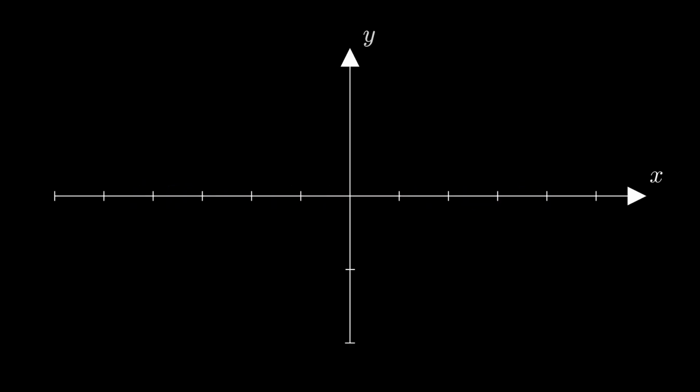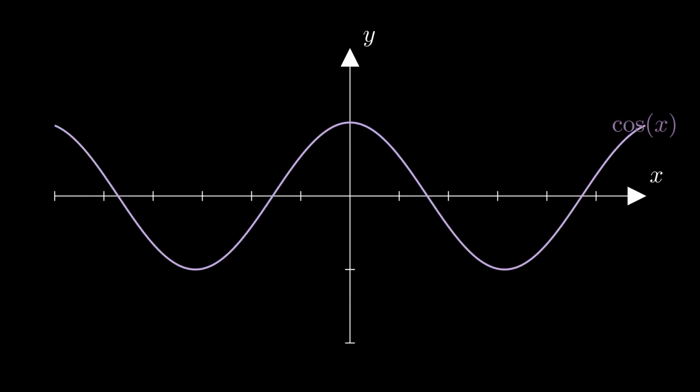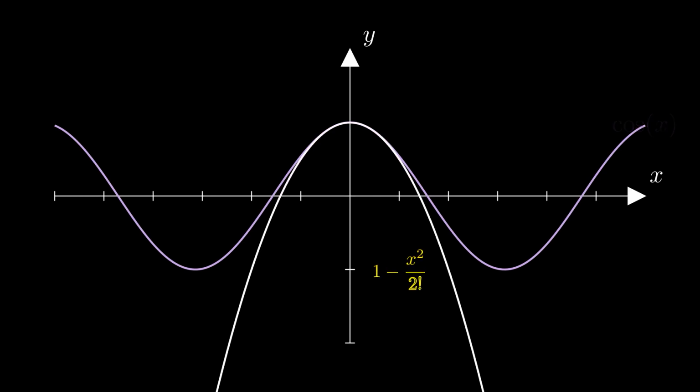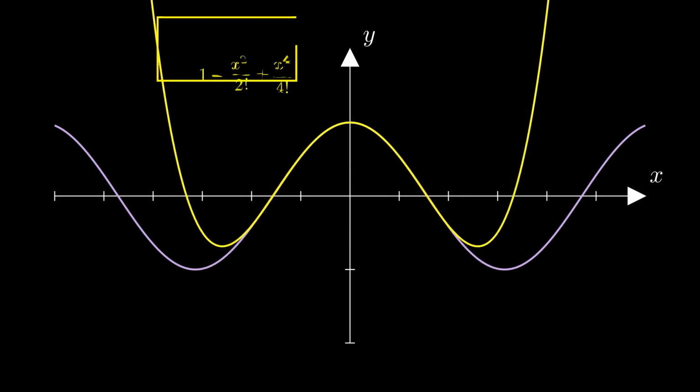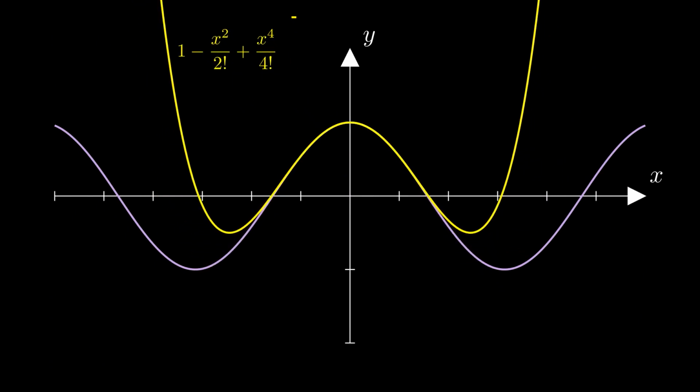So we have the cosine function, and what we do is we have different polynomials that approximate the function near the y-axis, or near the point x equals 0. I'll increase the graph term by term so that it wraps itself around the cosine function.